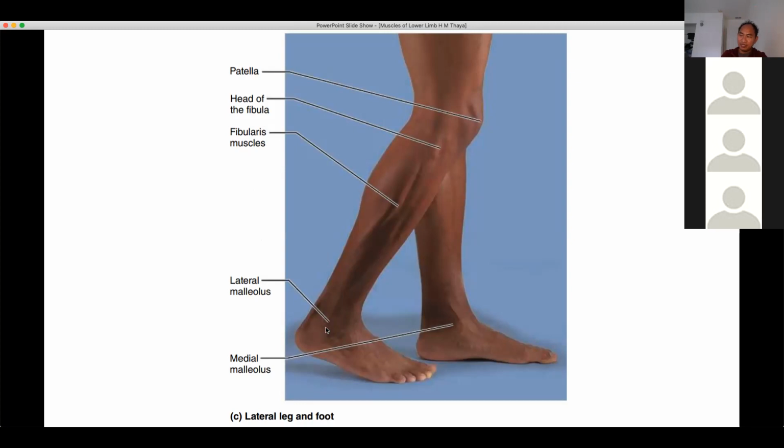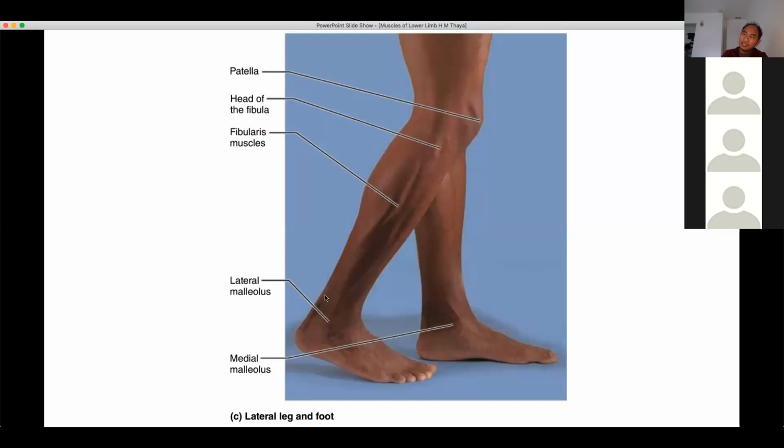This is the lateral malleolus. Posterior to the medial malleolus, we will have Tom, Dick, and very naughty Harry. The posterior aspect of the lateral malleolus, we will have peroneus longus and brevis.